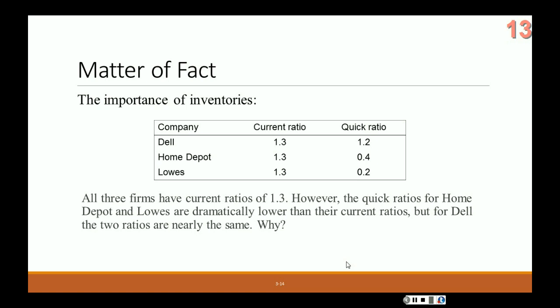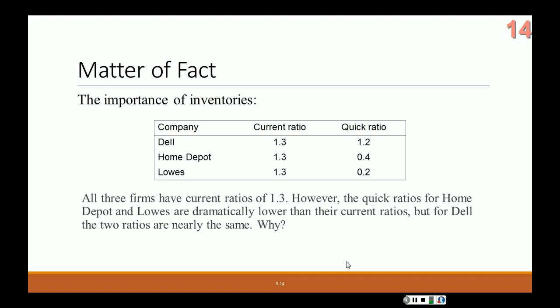This means that Dell is not holding a great amount of their goods in inventory, which is probably a good thing because Dell is in the technology industry, which is changing swiftly. So if they had a whole bunch of processors in their warehouse, by the time they were actually able to use them, they probably wouldn't be worth nearly as much as what they had written them down as.